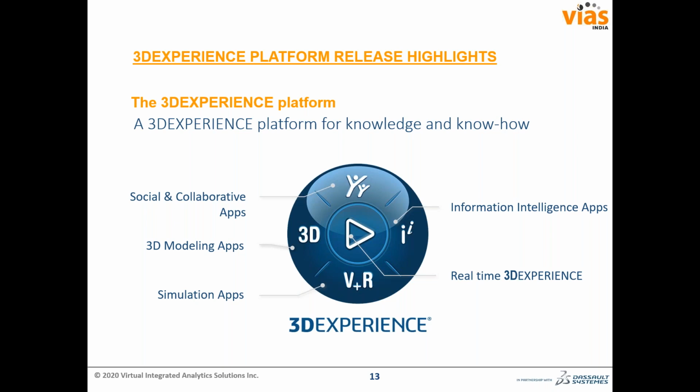Then the third one is information intelligence apps, in which we talked about Exalead, which is a search engine kind of thing, and you can go and dig out the information which is available in the server, in the database. So that comes under information intelligence apps. And social collaborative apps, the complete Enovia on which this 3D experience platform is built, that Enovia portion comes under social and collaborative apps. So basically, Enovia is meant for doing the online collaboration with your team members, or with your staff members, or with your stakeholders of a particular project.